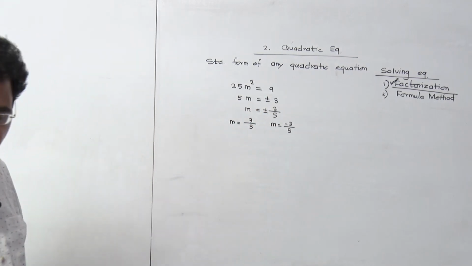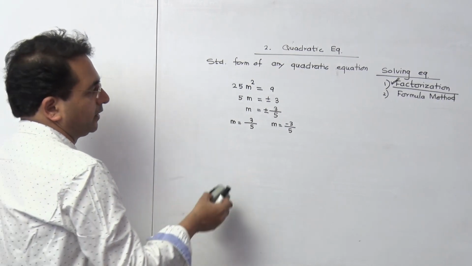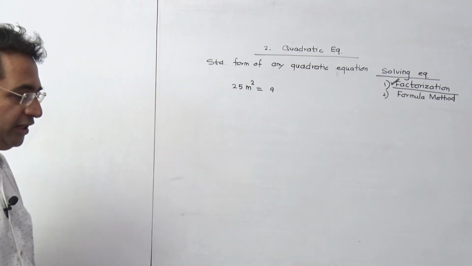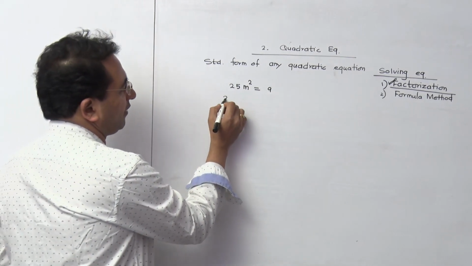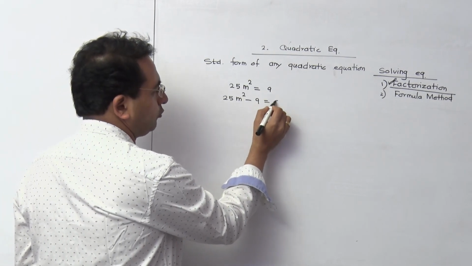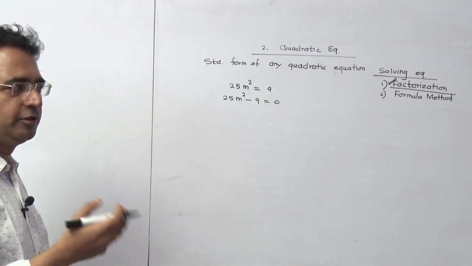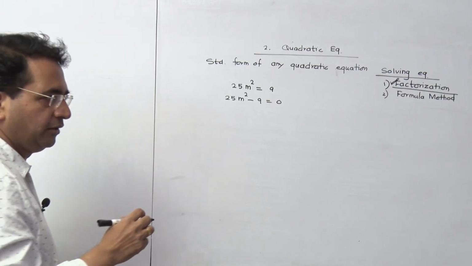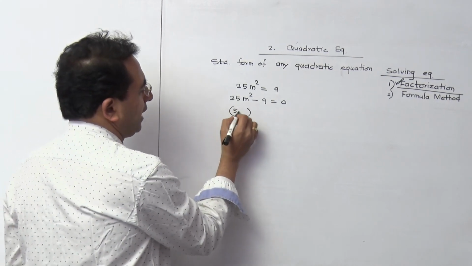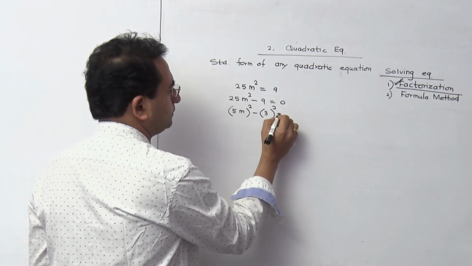This is not called factorization because we never observe any factor here. So the procedure is different. Now I am telling you what it is. 25m square minus 9 is equal to 0. Now this factorization method is by splitting up the middle term, and the middle term is not there. So what we have to do is write (5m) square minus 3 square.